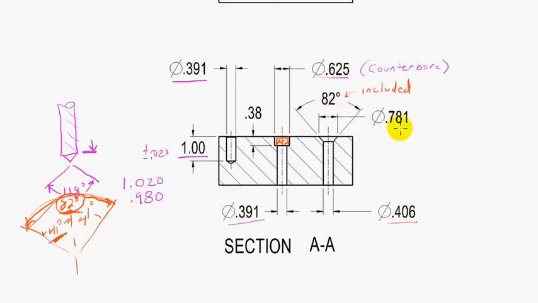Now, the 0.781 diameter is this diameter right here, to the edge of where that countersink angle breaks through the top surface here. Right? Okay? So it's a 0.406 diameter through hole, countersunk, 0.781 diameter by 82 degrees.